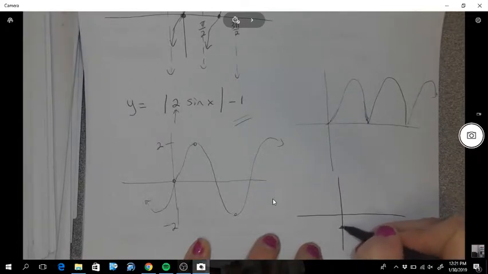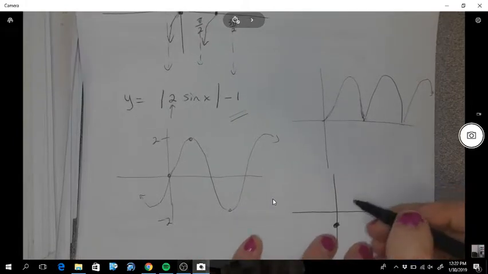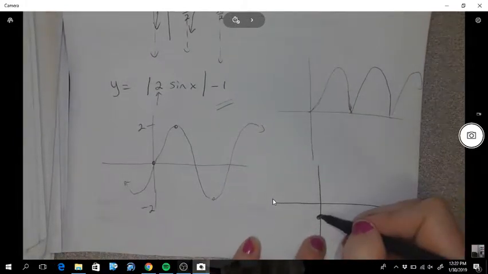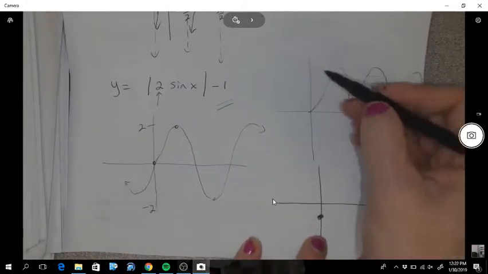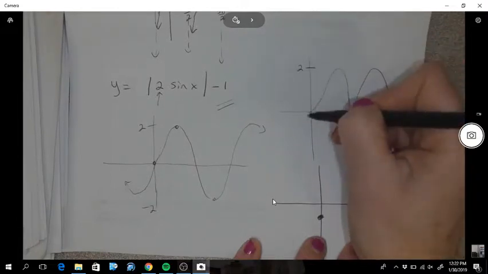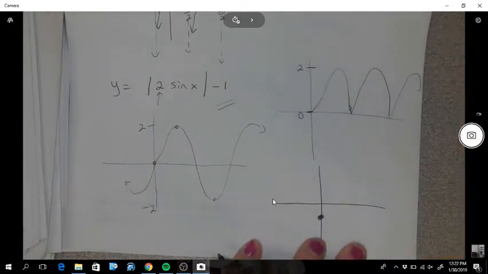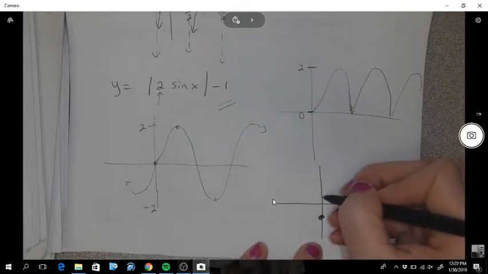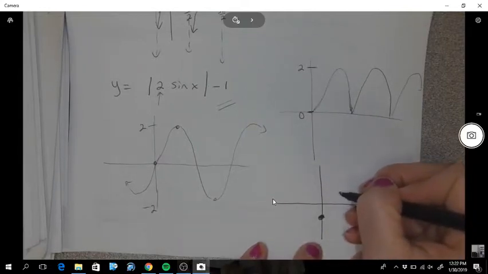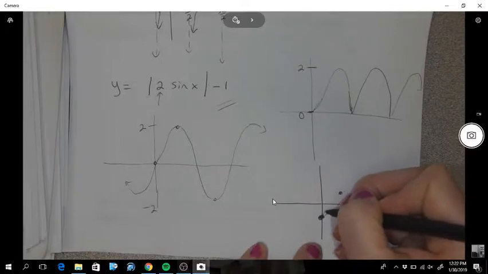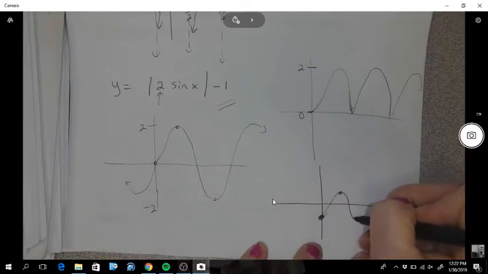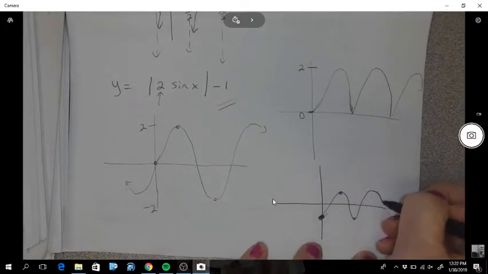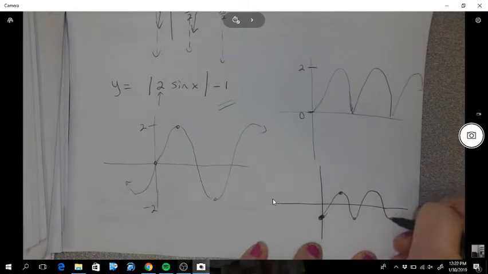So now these points are going to be down 1. So this was at 2 and this was at 0, right? So now this is going to go to 1. And it's going to continue in that pattern.